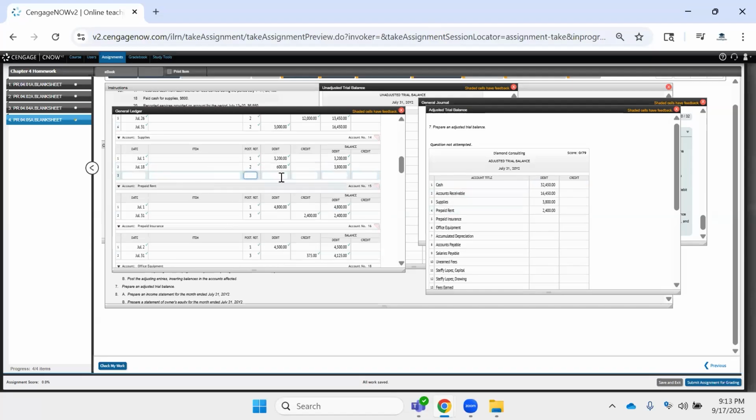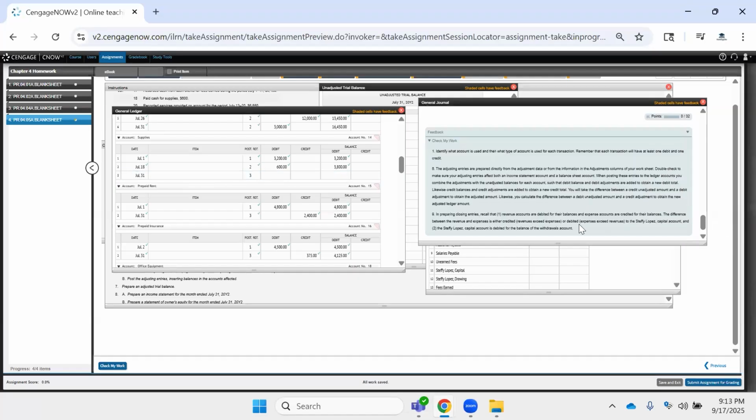Oh, and it looks like here we forgot our supplies adjusting entry. So we have to make sure to post that.